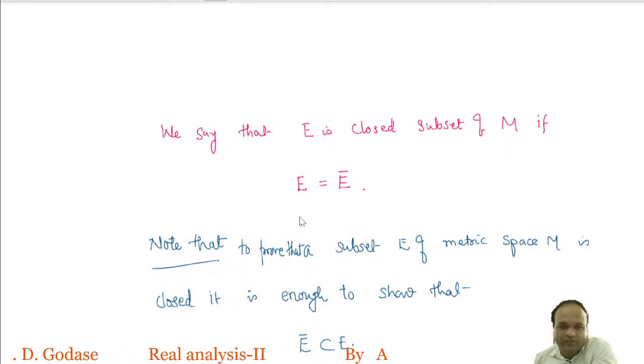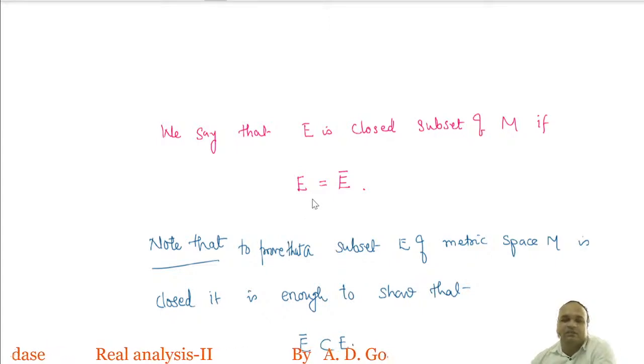So if E is equal to E bar, then we say E is a closed subset of M.